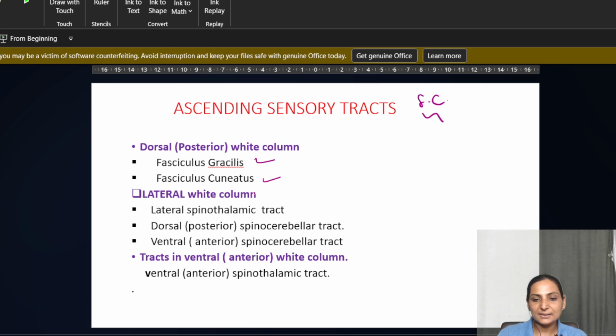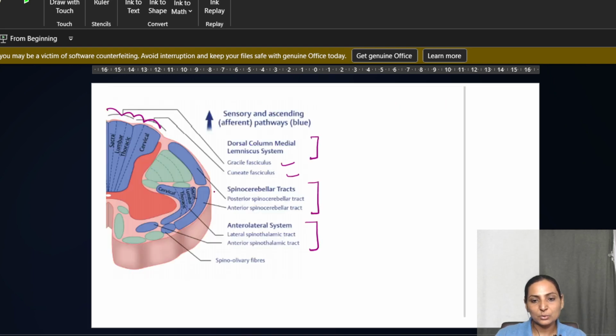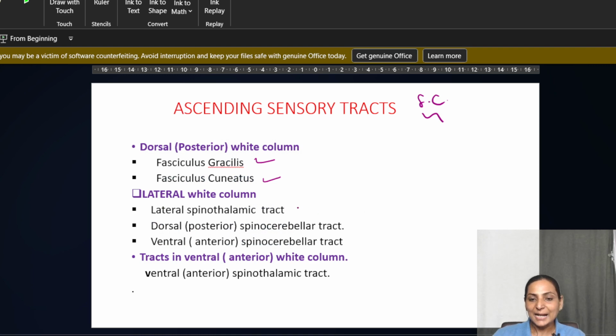Those which are present in the lateral white column are lateral spinothalamic and the dorsal and ventral spinocerebellar, and those which are in the ventral, or anterior column, is the ventral spinothalamic tract or the anterior spinothalamic tract. So this is how you enumerate the different tracts.